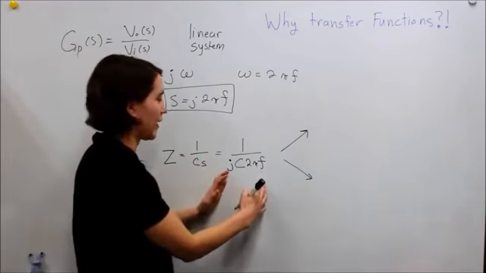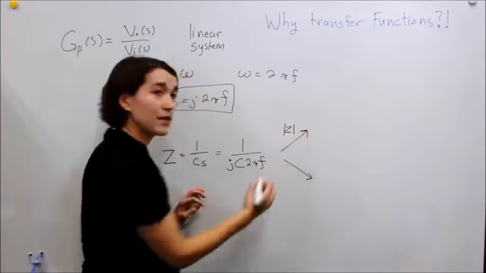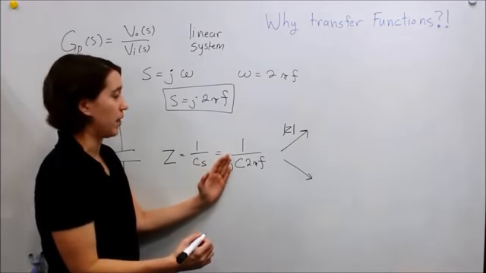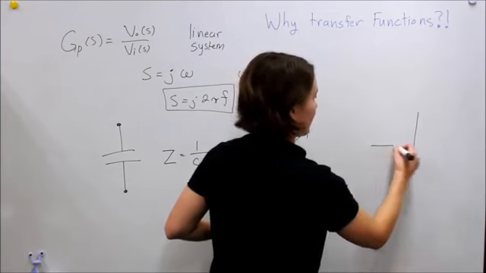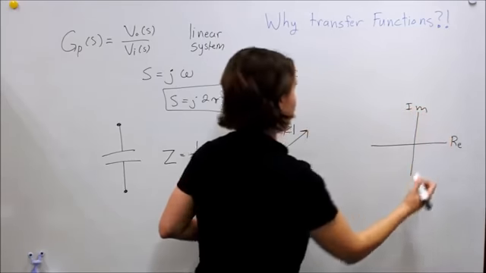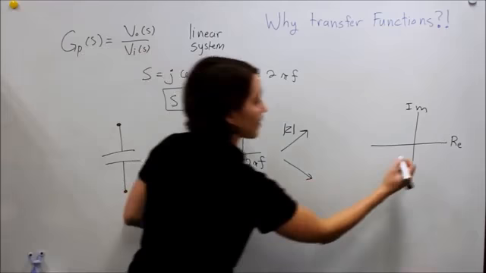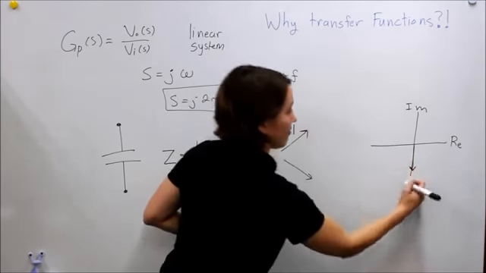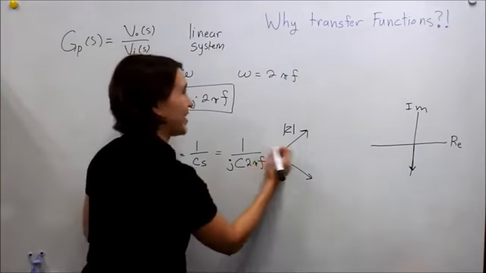But first let's break this up. This is Z, right? So we can look at the magnitude of Z, and if we look at the magnitude, we're not worried about the j. Another way to represent this is to look at the real and imaginary axis. So really what we're doing here, this j means that it's pointing directly in the negative j direction.